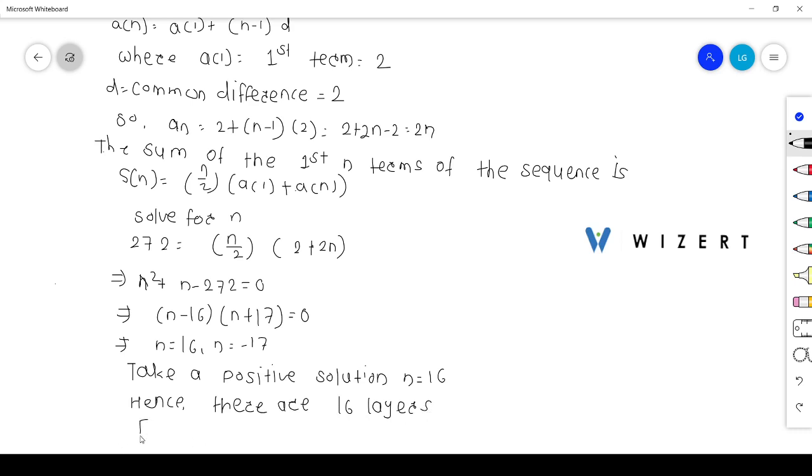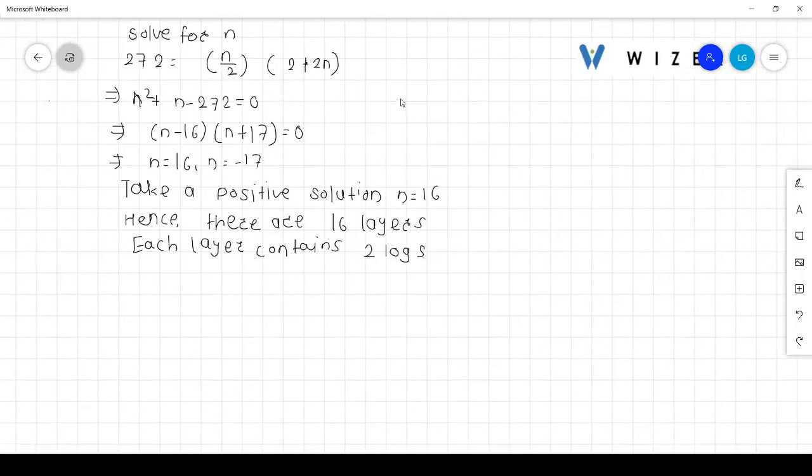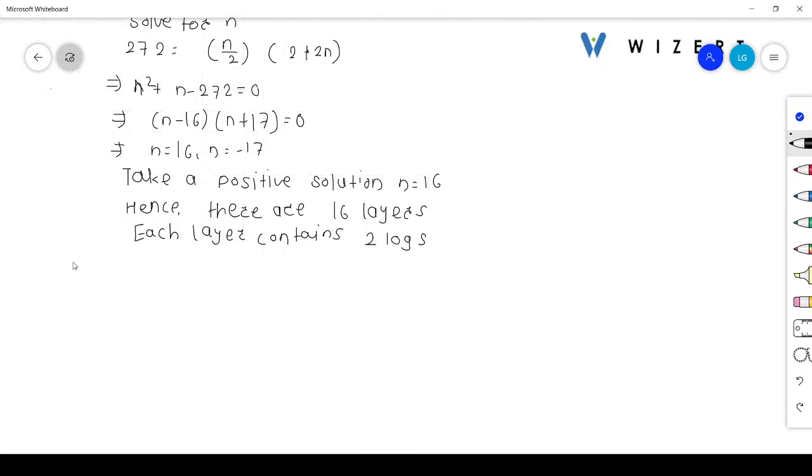Now, each layer contains 2 more logs than the one above, so the number of logs in the lowest layer is given by 2 into 16, that is 32.